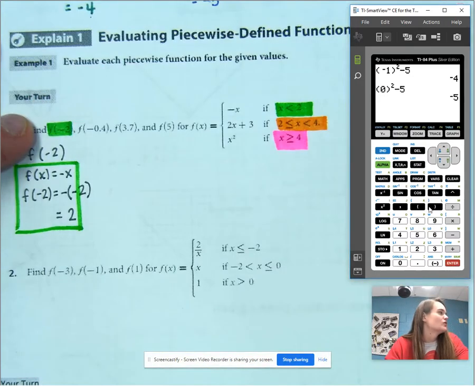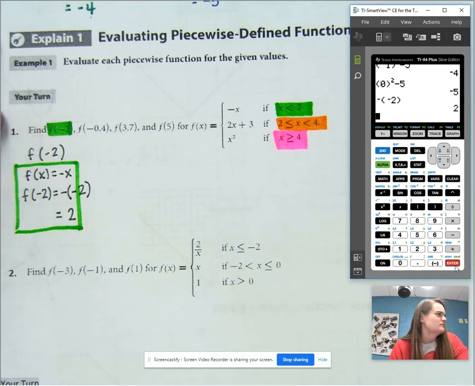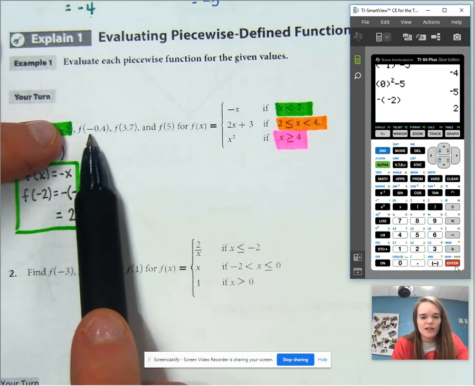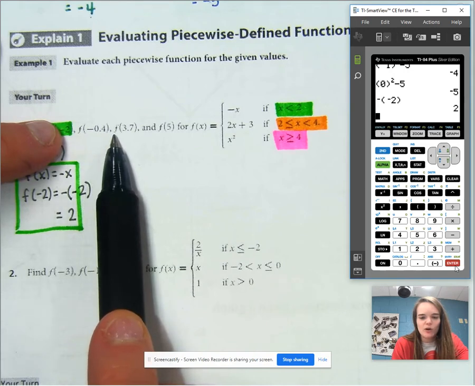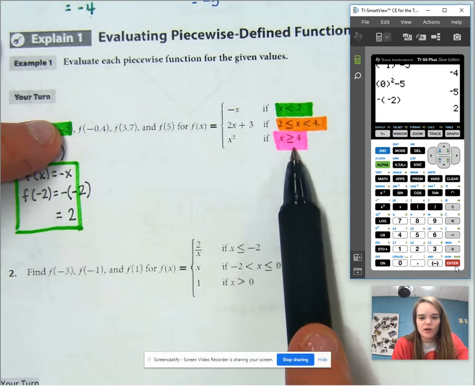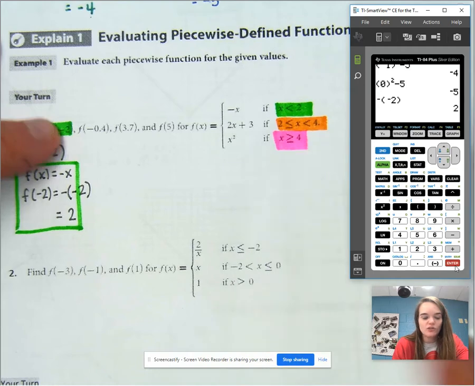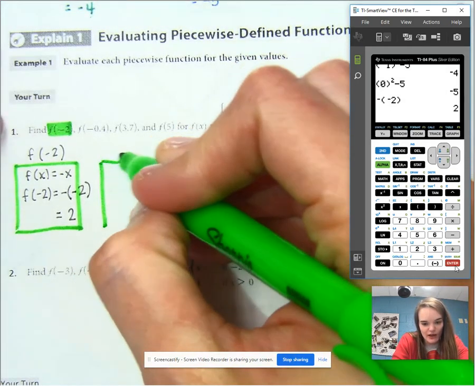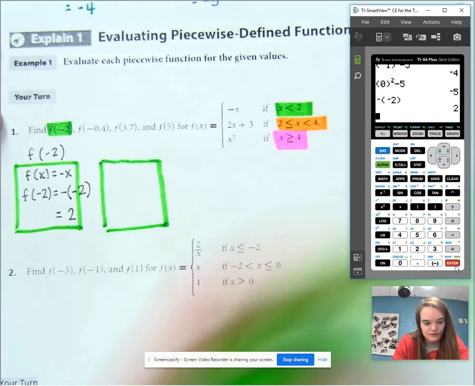Of course, I could plug it in the calculator if I really needed to, because it will do that for you, but you shouldn't need to for negative negative. There's the first value. All right, let's look at the next one. f of negative 0.4. Well, where is negative 0.4? It's still less than positive 2, so we're still going to use that green function.